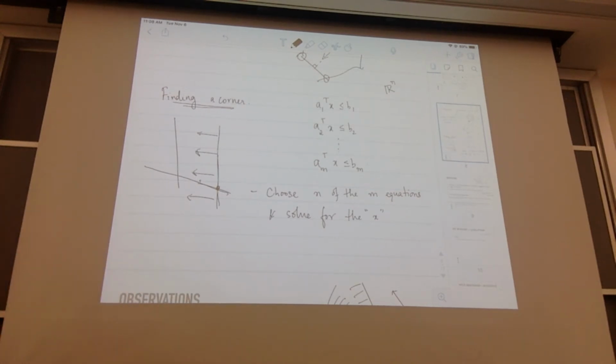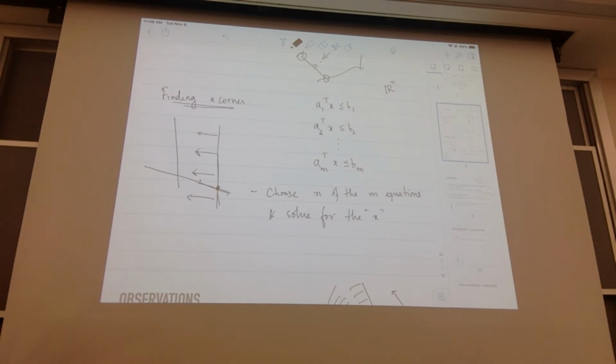Now, my question is: think of the case again in 2 dimensions. Can you come up with an example where not every pair of equations gives a feasible point? Could it be that you do this and find a point, but this point is not feasible? Parallel lines, sure, that's one. What about, assuming they're not parallel? You have an intersection between 2 hyperplanes that's outside of your region. Exactly.